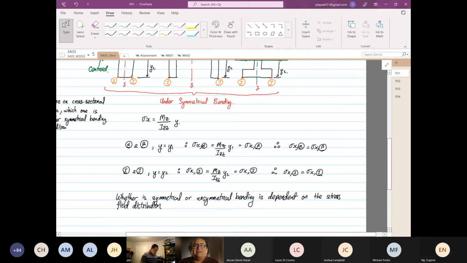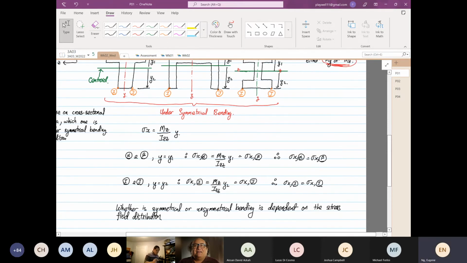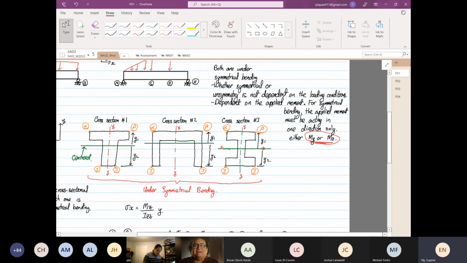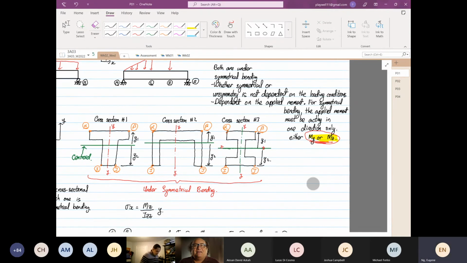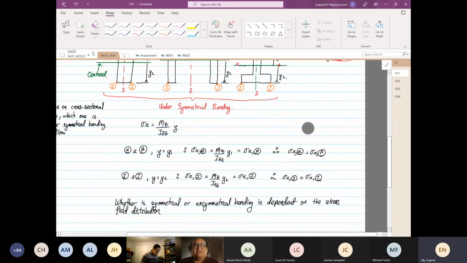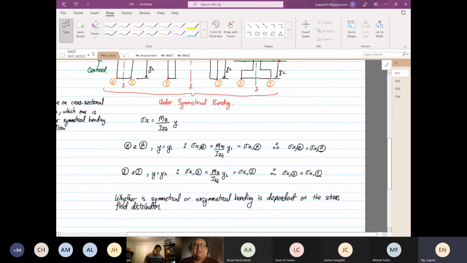So there are two conditions. The first condition, as mentioned earlier, is that the applied moment can be either My or Mz. It cannot be both. The next condition, whether symmetrical or not, is dependent on the stress field distribution.